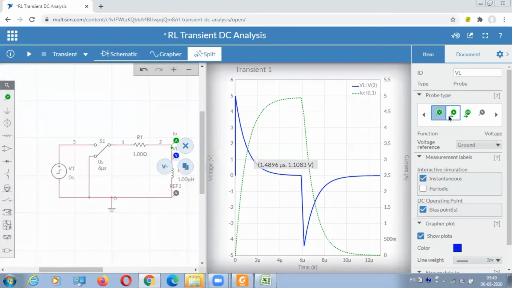Volt ampere probe, you can select it separately. Give a name over here. See, VL and I0 I have given. VL means blue color, and I0. See, current axis is this side. Please remember, current axis is this one, and voltage axis is this one. Okay, axis values are different.